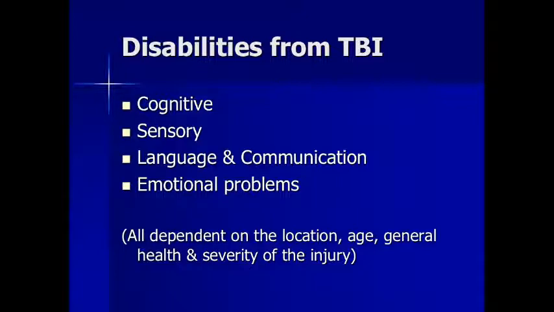In the cognitive area, we're looking to see, do they have memory loss, the inability to store memories? Are they easily confused or distracted? Do these patients have problems with concentration? Do they have a hard time with planning, organizing, problem solving, and making judgments?